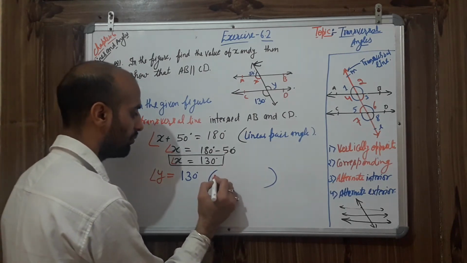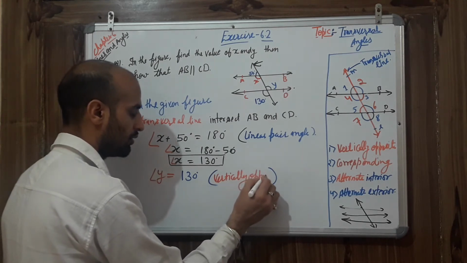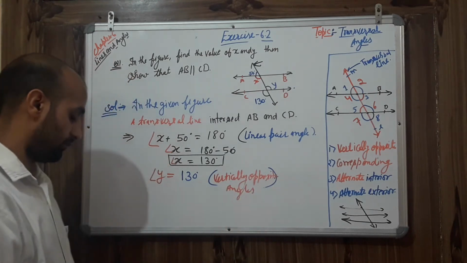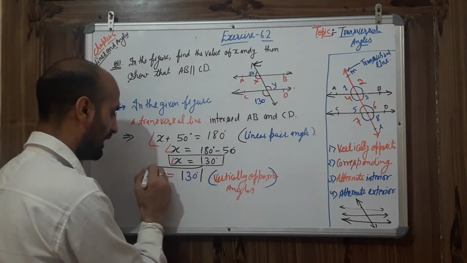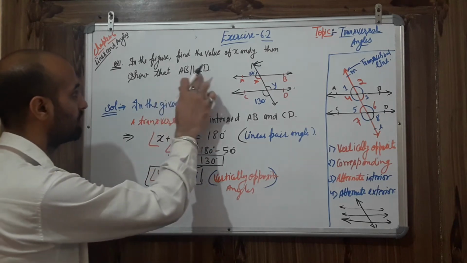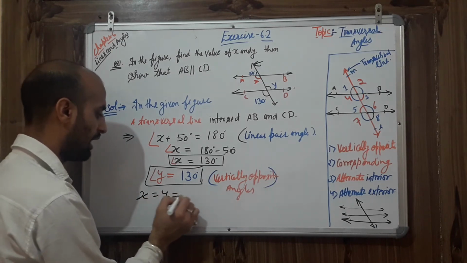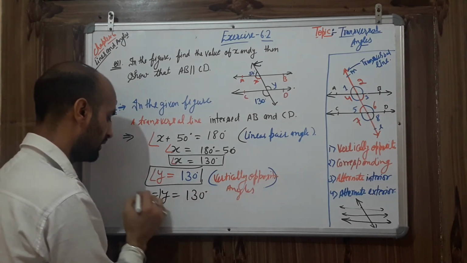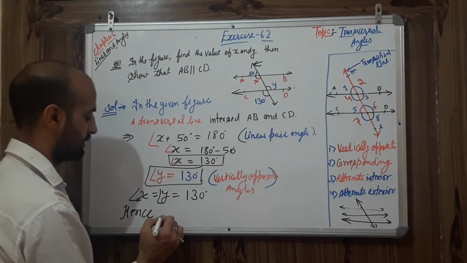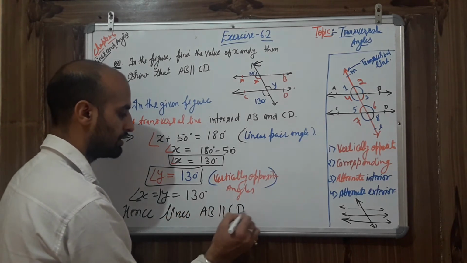You can write by using vertically opposite angles. Now dear student, check the value of angle x and y. They are equal. If they are equal, then I can say this is parallel to one another. So now you can write x is equals to y and both is equals to 130 degree, and hence the lines AB is parallel to CD.